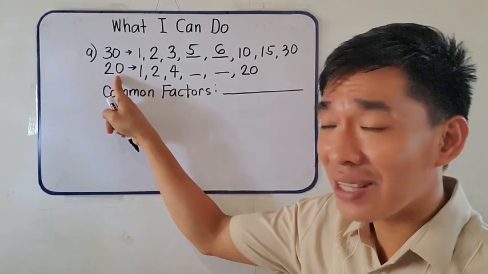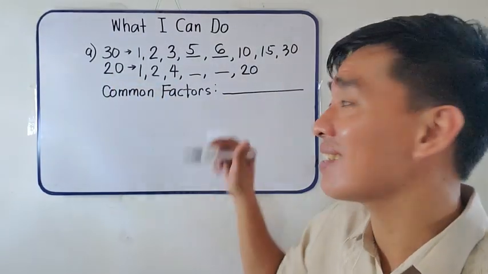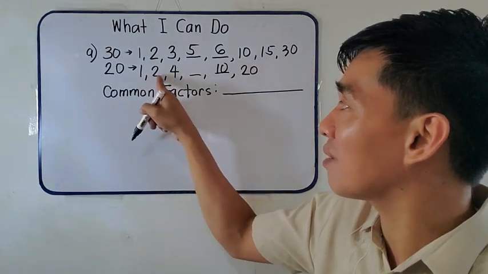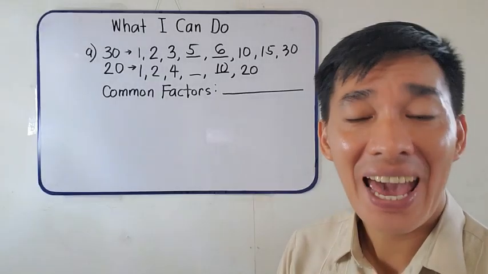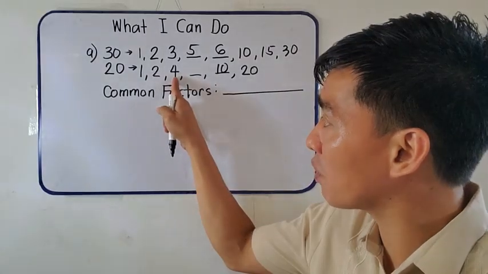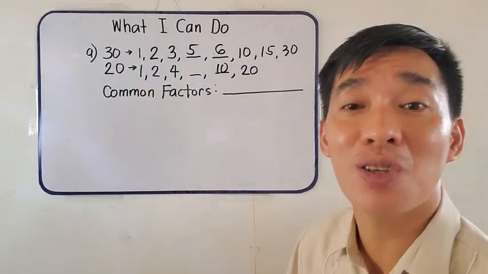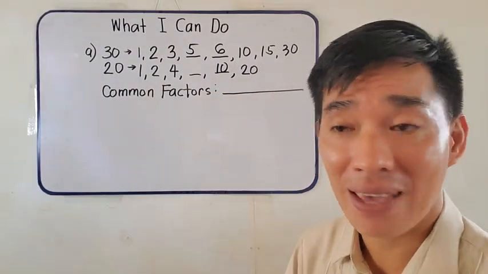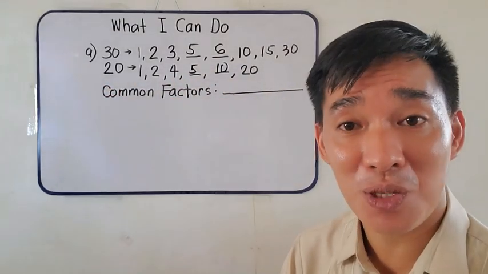Obviously, 20 ends with 0, so it is divisible by exactly 10. So 2 times 10 is also equal to 20. And this time, what is to be paired with 4? Remember, if a number is divisible by 10, it is also divisible by 5. So 4 times 5 is equal to 20.